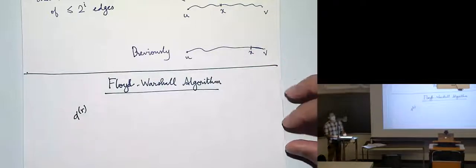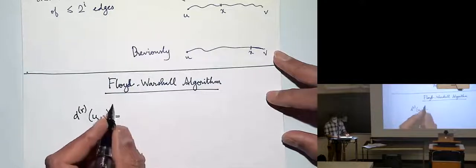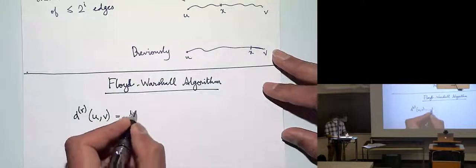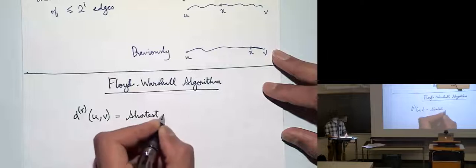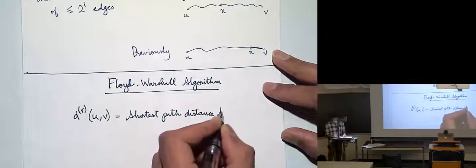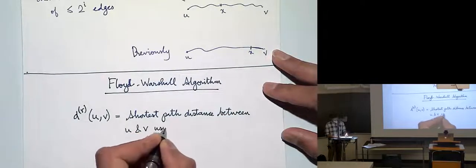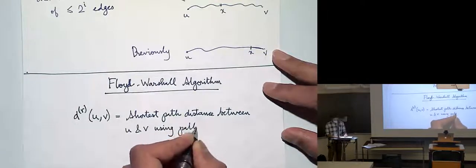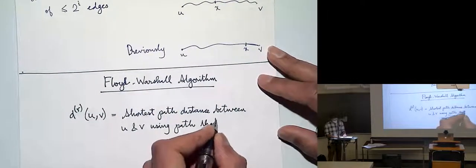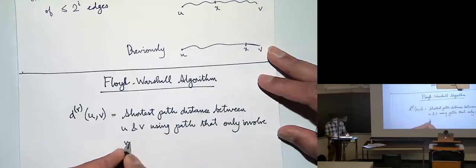I'll say d^(r)(u,v) is, this is very bizarre, the shortest path distance between u and v using paths that only involve vertices at most r. So I'm looking at the label of the vertex.